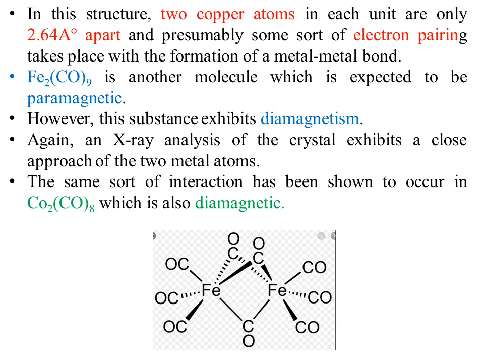But practically, when its magnetic moment was recorded, the molecule showed diamagnetism, and this was supported by its XRD analysis, which showed that the molecule exists in a dimeric form.